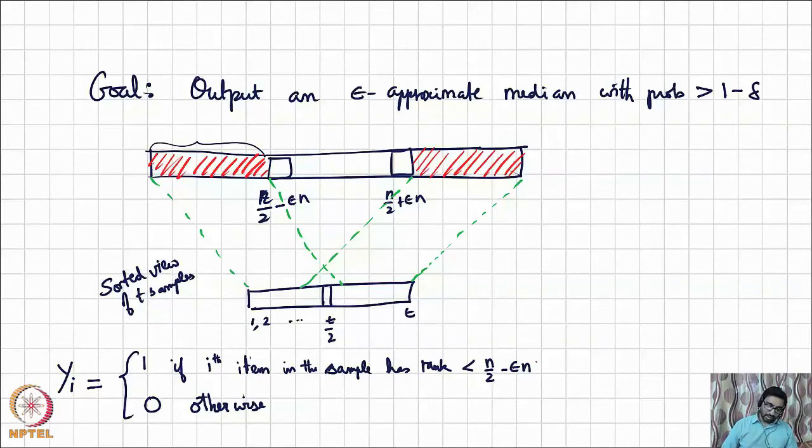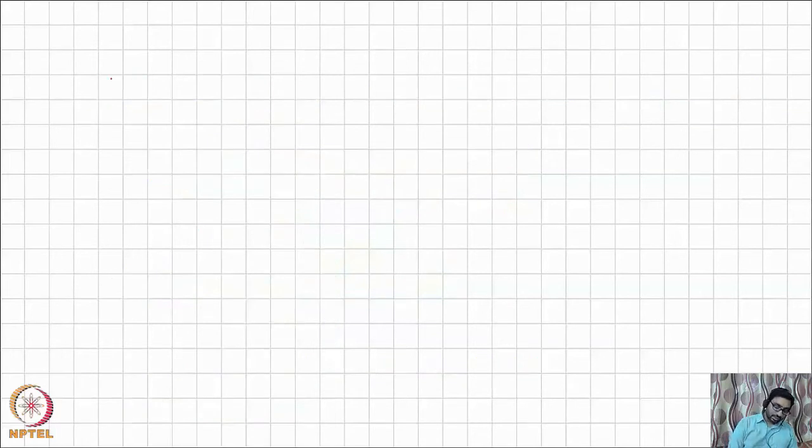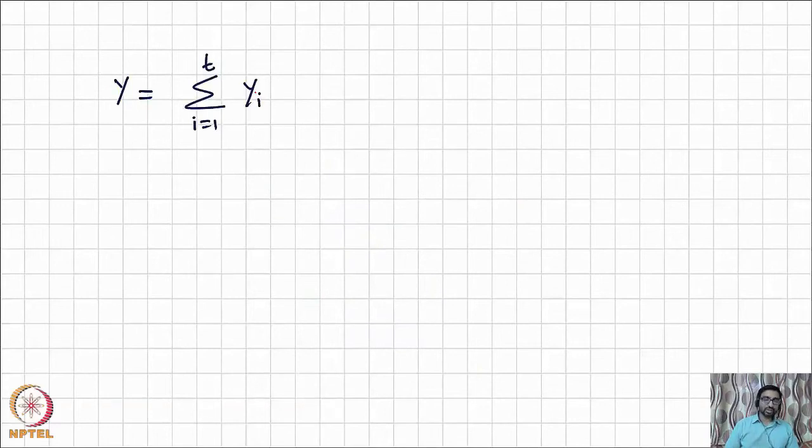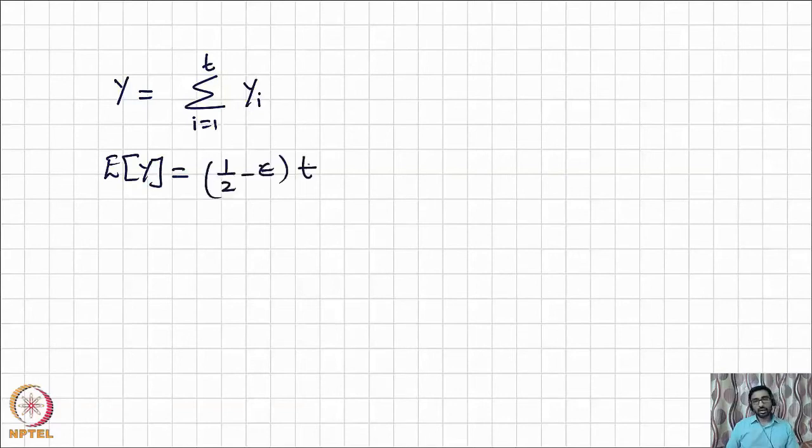So with that being the case, let's define Y to be the summation over all i ranging from 1 to T of Yi, and of course we know that the expectation of Yi equals half minus epsilon.